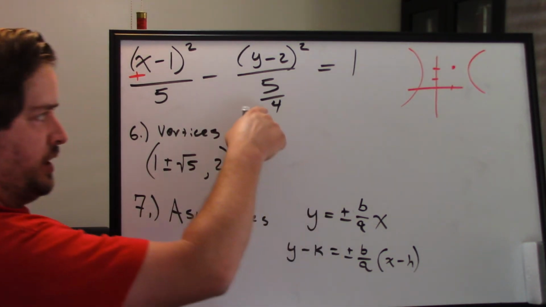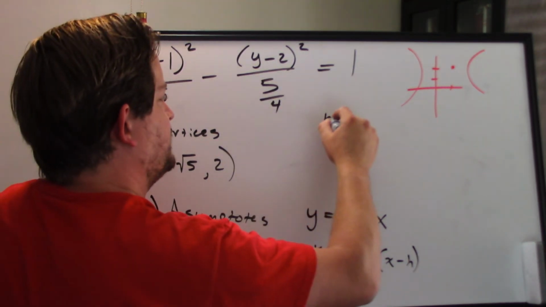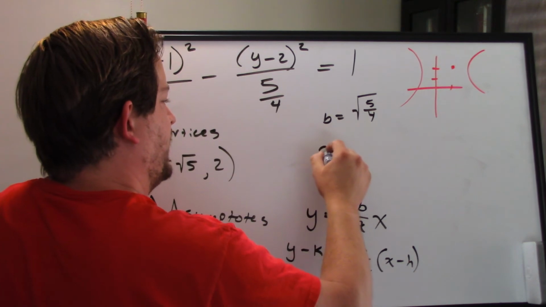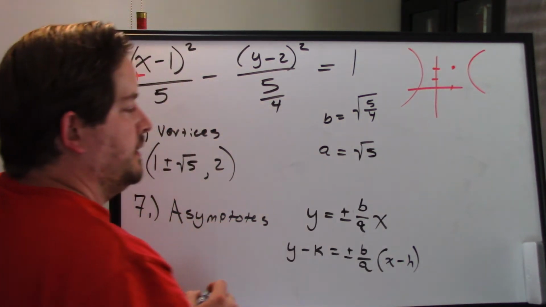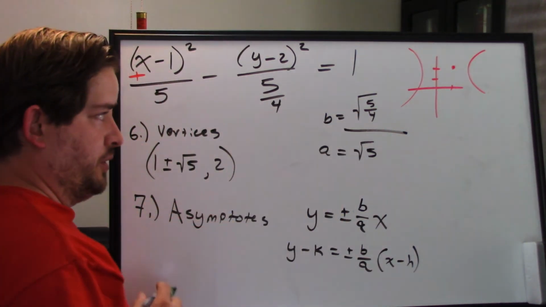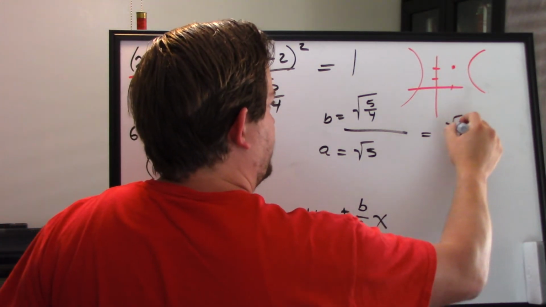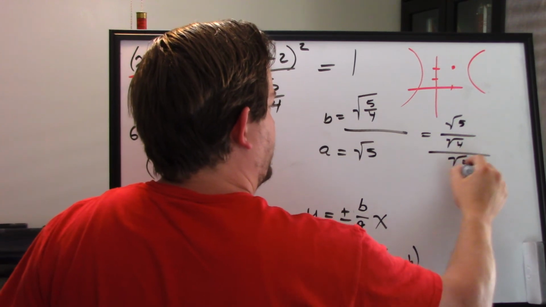But b, we know b squared is 5/4, so that means b is the square root of 5/4, where a is the square root of 5. Right? And I'm going to leave them in this form because b over a is the root of 5/4 over the root of 5, which I can write as the square root of 5 over the square root of 4, over the square root of 5 over 1.